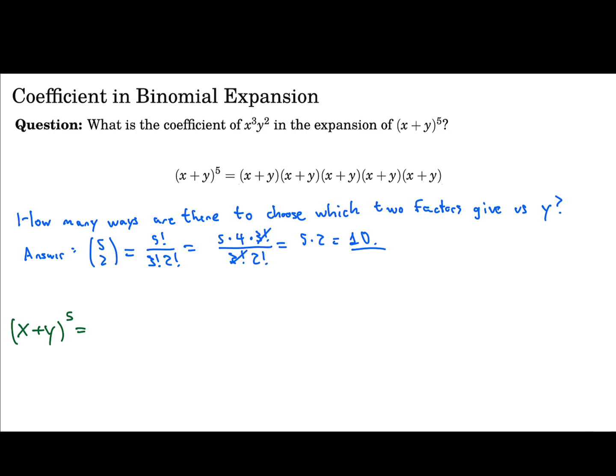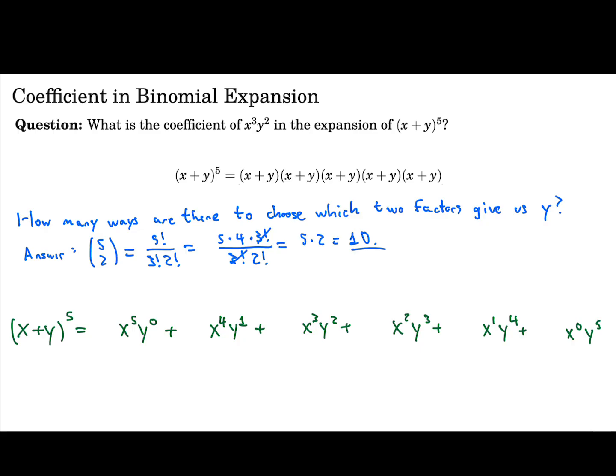So it's going to be written as a combination of things. So here it's going to be something like x to the 5 times y to the 0, plus some coefficient times x to the 4 y to the 1, plus some coefficient times x cubed y squared, plus some coefficient times x squared y cubed, plus x to the 1 y to the 4, and then plus x to the 0 y to the 5.